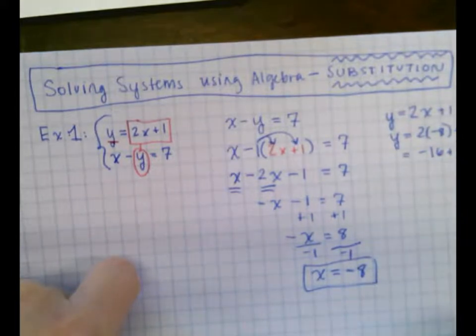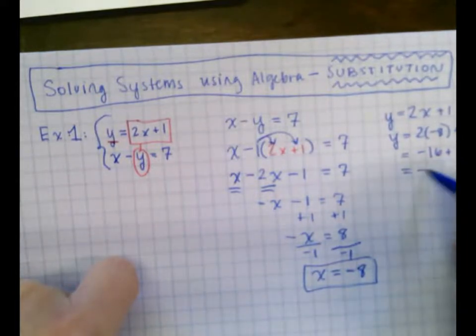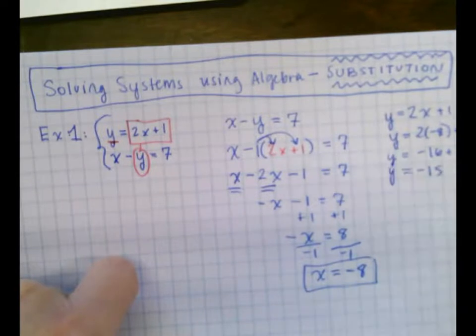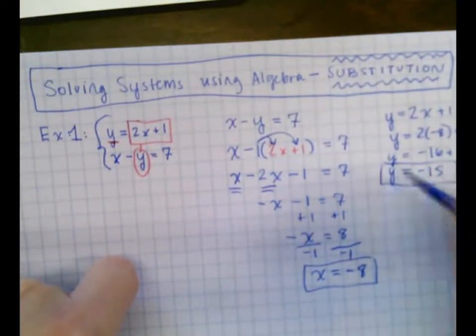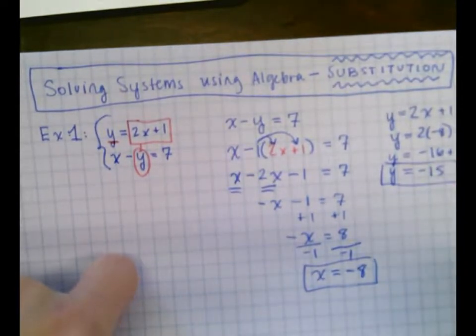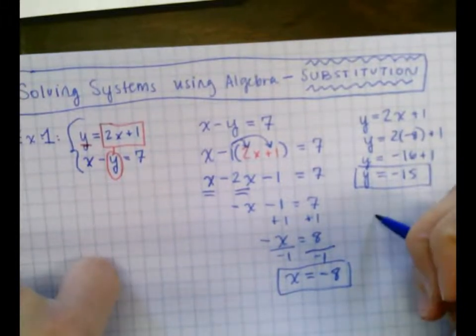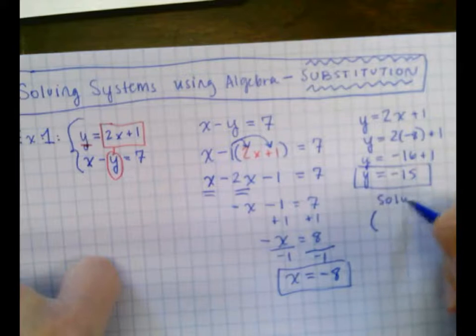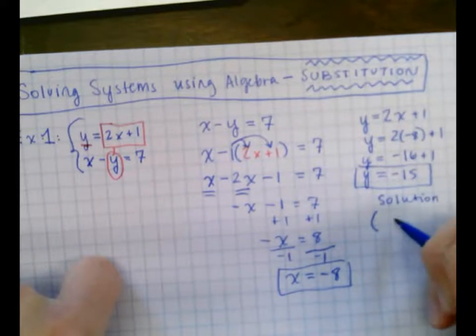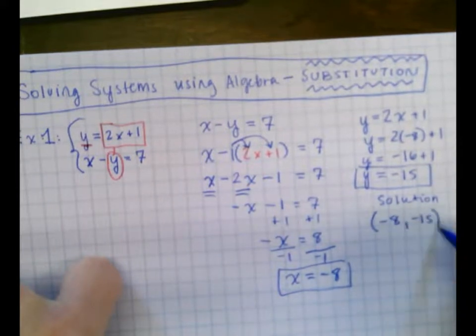So now I get -16 plus 1, which is -15 for y. Now I am done solving the system of equations because I have a value for x and a value for y, and I can write my solution as the ordered pair -8, -15.